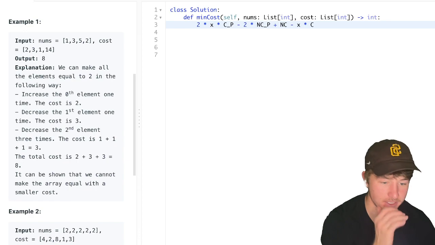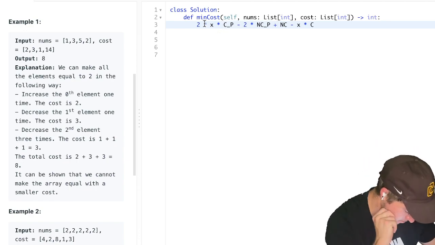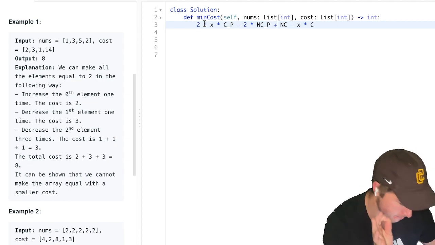So you see how complicated this gets. All right, 2 times x times c prime minus 2 times nc prime plus nc minus x times c.